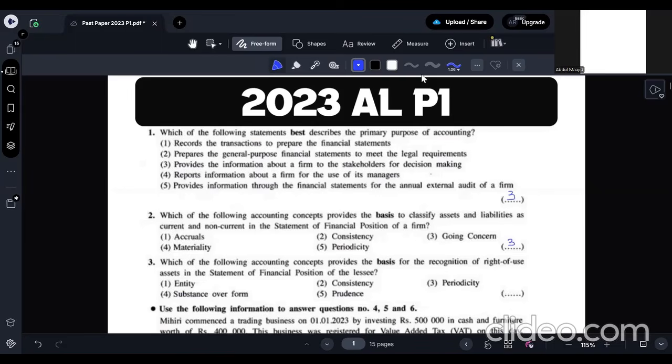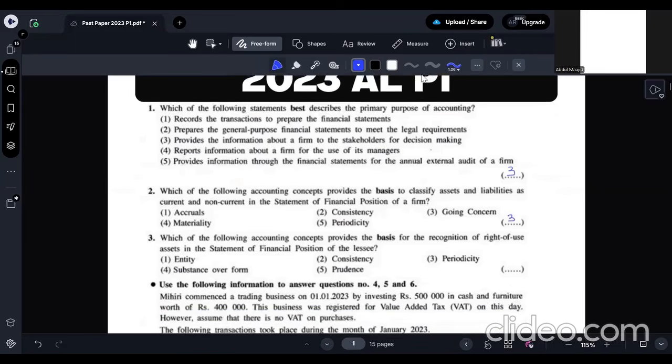Third one: which of the following accounting concepts provide the basis for recognition of right of use asset in the statement of financial position? We record the lease asset as an asset in our SOFP because of the substance over form concept. Even though we do not legally own it, because we have control of it, we have to recognize that as an asset based on the substance over form concept.